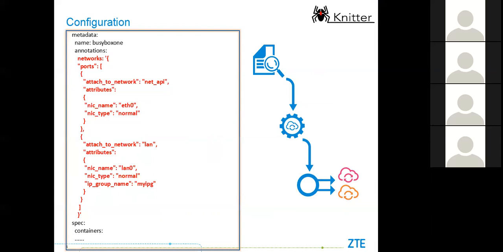Some of the fields are nickname, or interface name, and nic type. And we also have a field called IP group name. I will introduce this field later in my presentation.